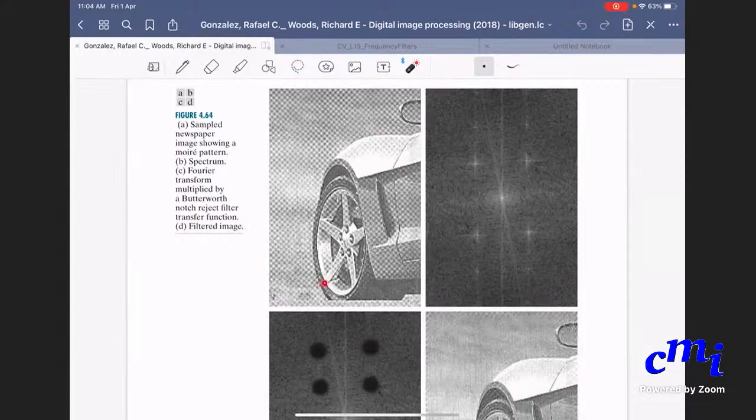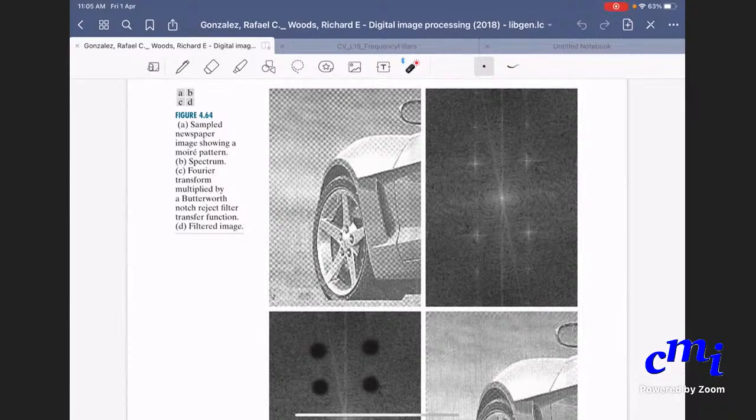Spatial filters you can visualize. You can look at the image and you know what you want to do, correct? You use the frequency domain idea to reduce the number of computations. You don't expect to look at the image and make some meaning out of it. Rather, you just use it to reduce the number of computations.